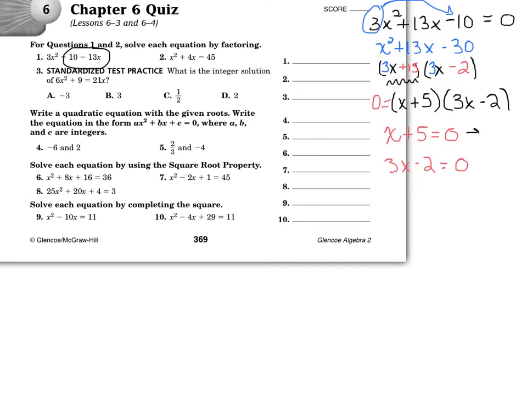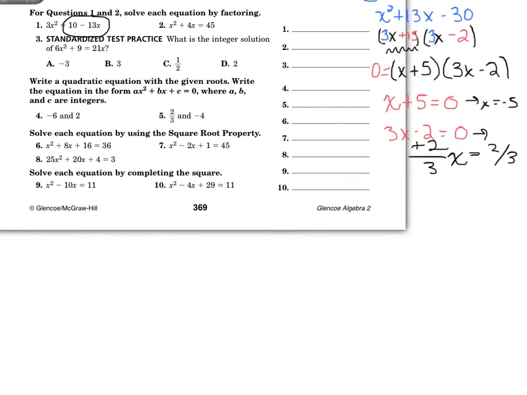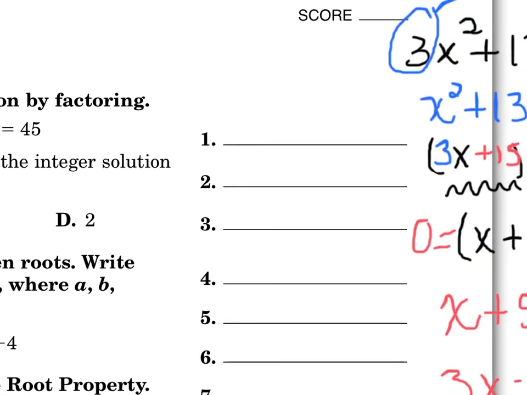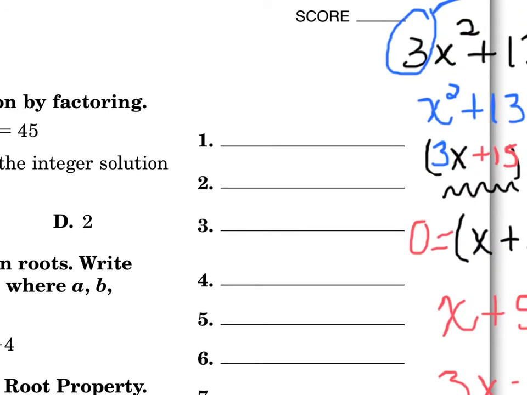This one is going to produce x is negative 5, and this one produces my solution of, well, I add 2, and then I divide by 3, so 2/3. So my very first answer for number 1, if I can zoom in properly, is the solution set, which is what these brackets are, of negative 5 and 2/3.